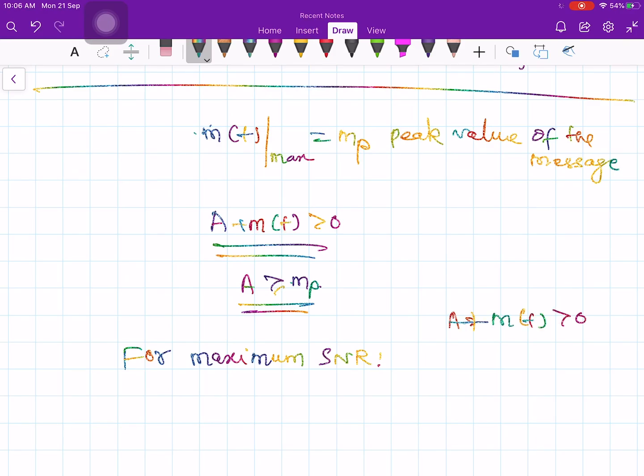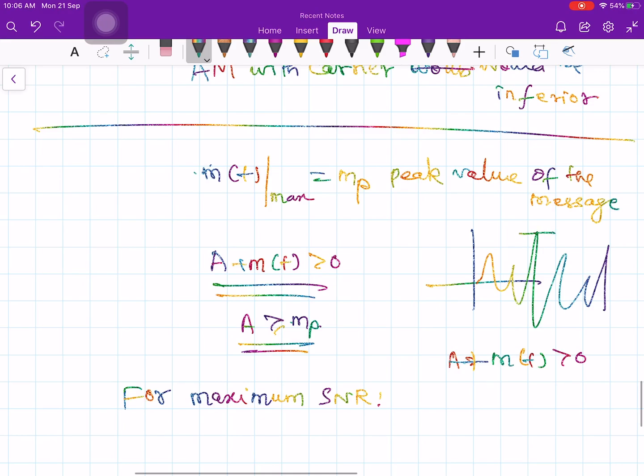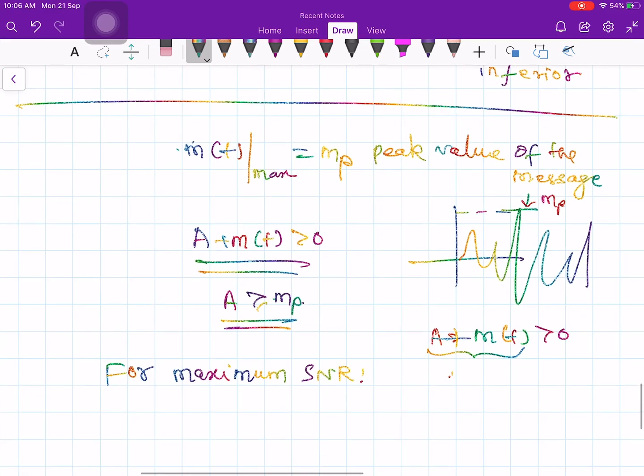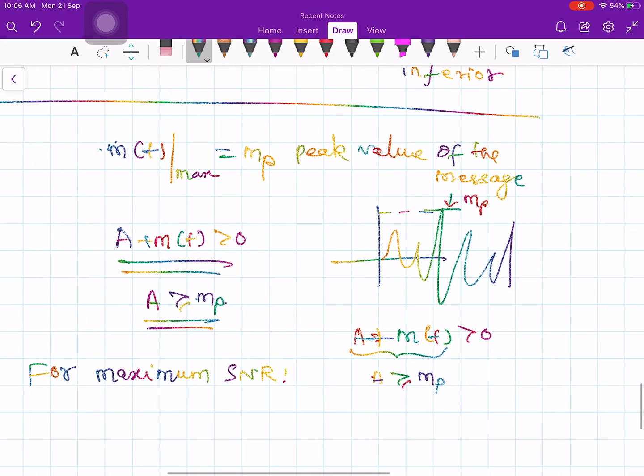Now let us say this is my speech signal, and this is the maximum value my message signal can reach, let us say this is m_p. Therefore, in order to keep A plus m(t) positive, my A should be at least m_p, and let's say this is minus m_p, the negative peak, so that this quantity is always non-negative.